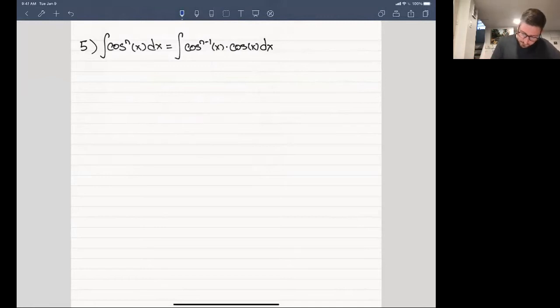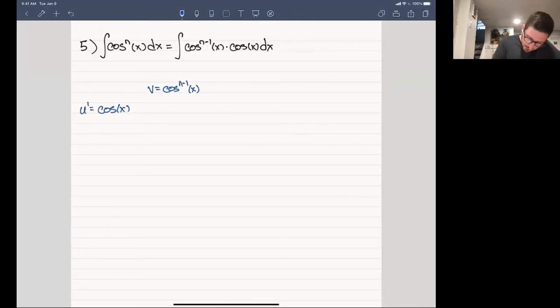And so what I'm going to use is, sorry, I'll move this over a little bit so I don't take up too much room. I want u prime to be cos of x because that's the only thing in there that I can find an antiderivative of. And so that means that v is equal to cos to the power of n minus 1.